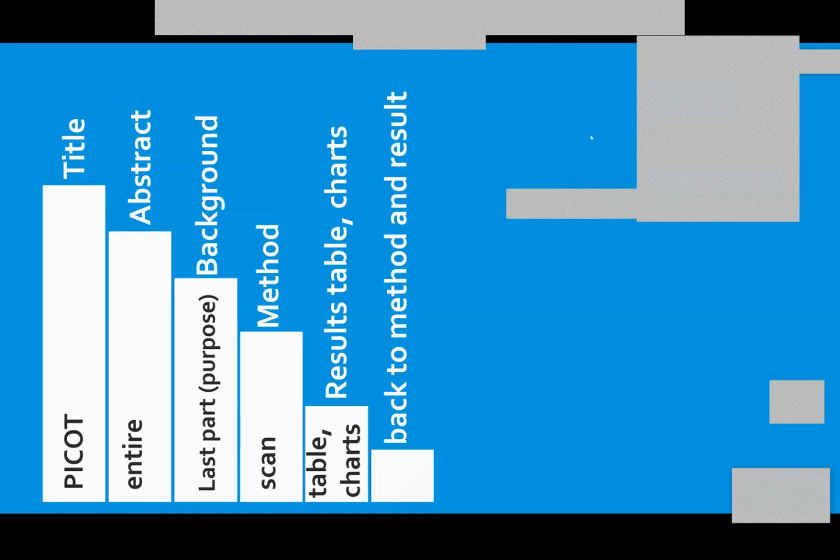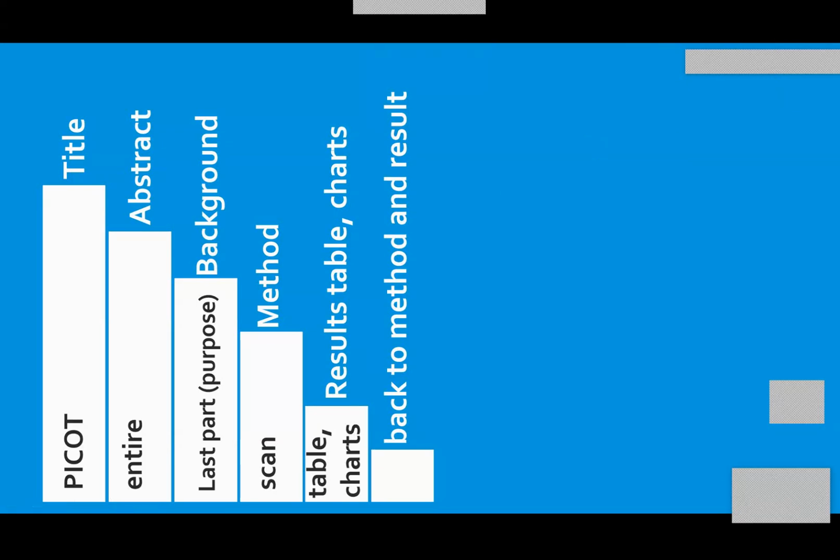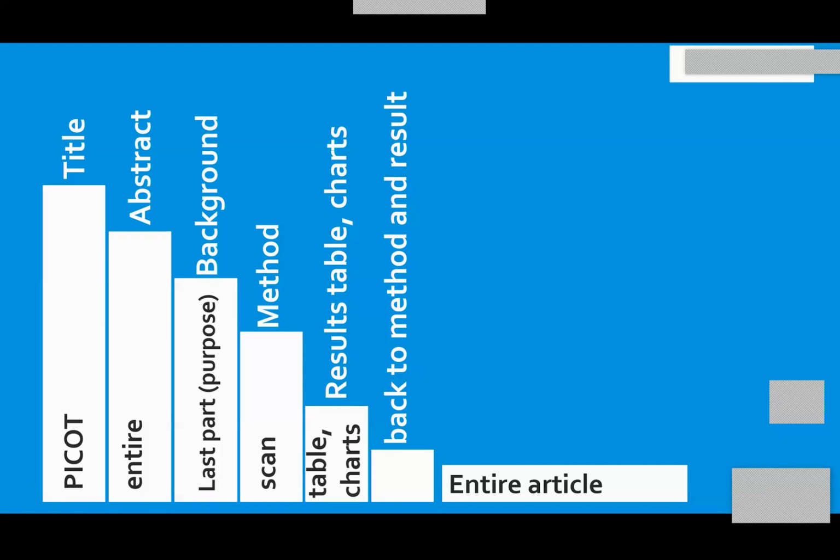Okay. So again: title, the entire abstract, the last part of the background paragraph, scan the method, look at the charts and the tables of the results, and go back to the method and result if you don't understand. If you don't understand, then you need to go to the entire article. When you do that, you do slow but active reading. How do you do that?